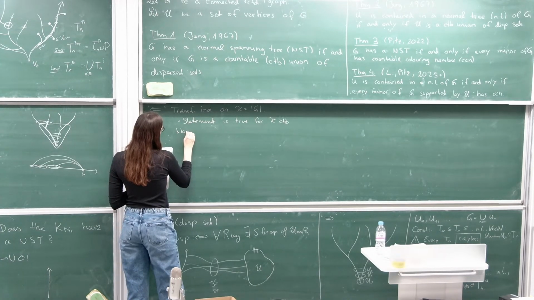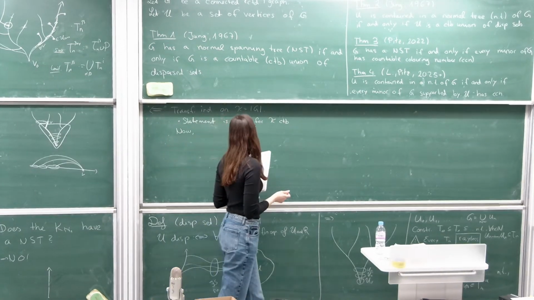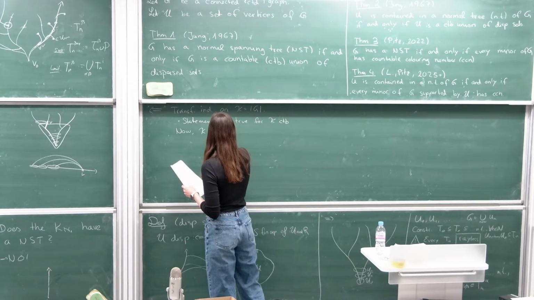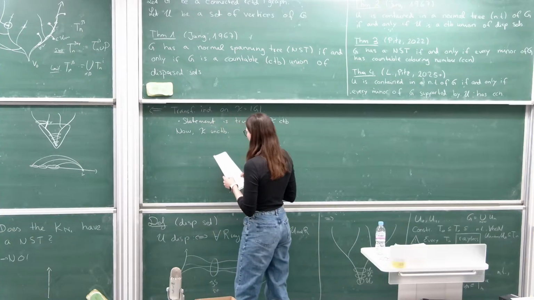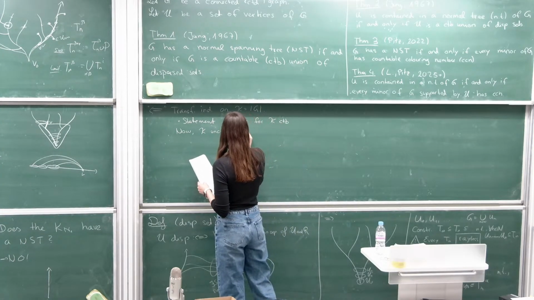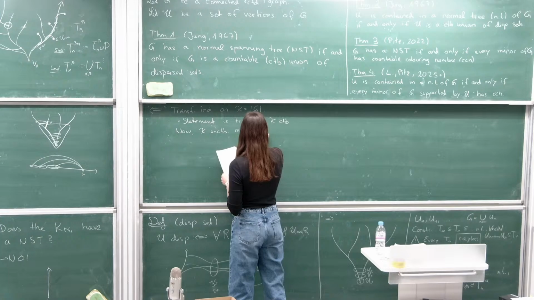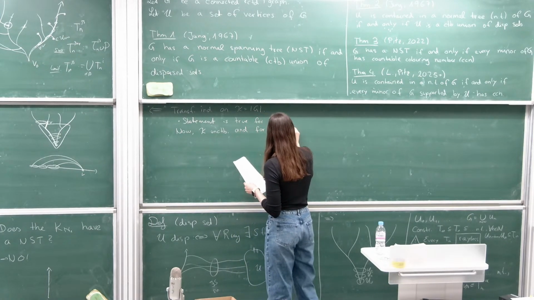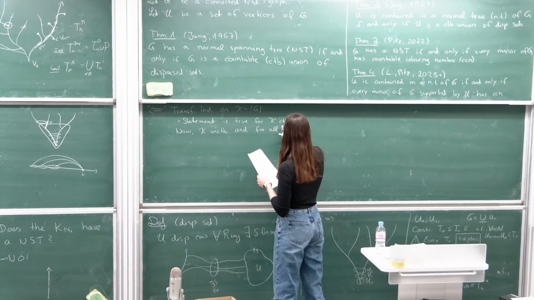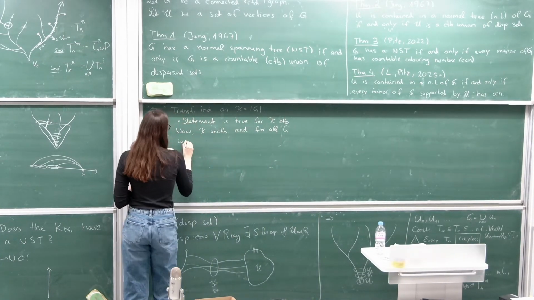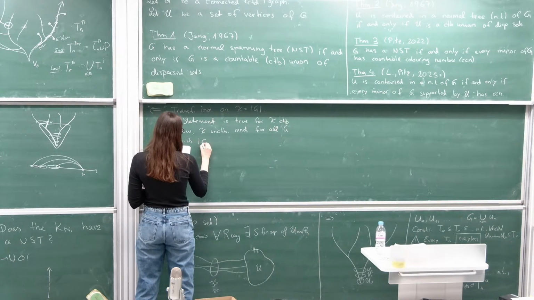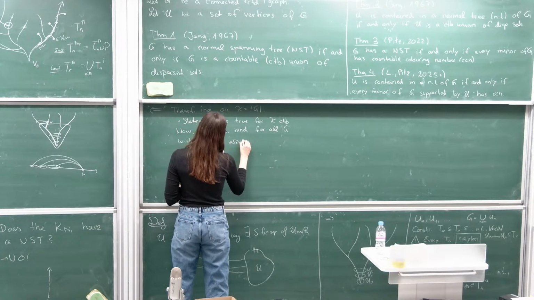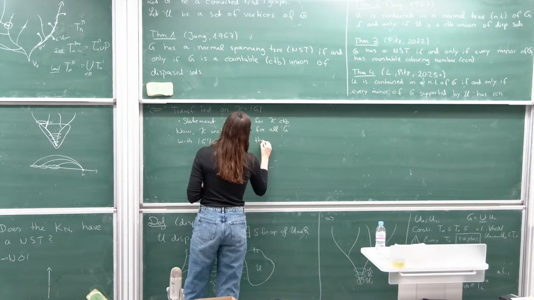Now we consider the case where kappa is uncountable. Let's also assume that for all graphs G that are smaller, our statement is true.